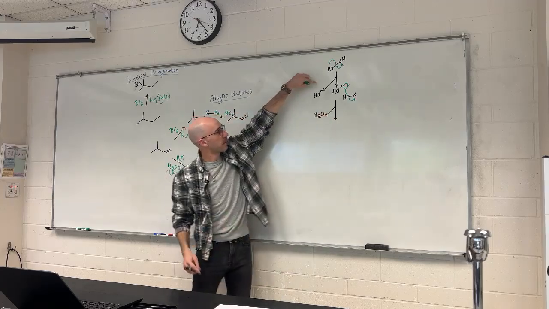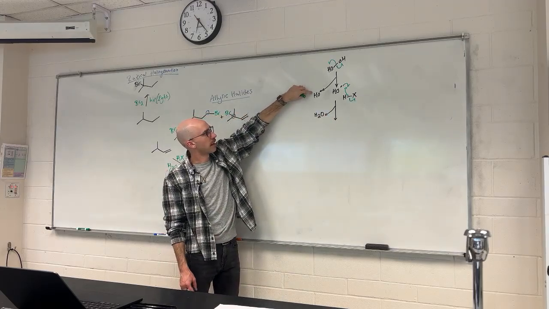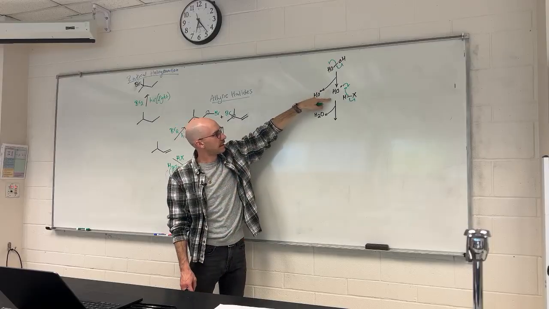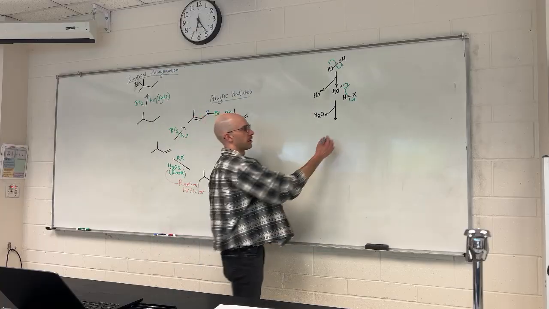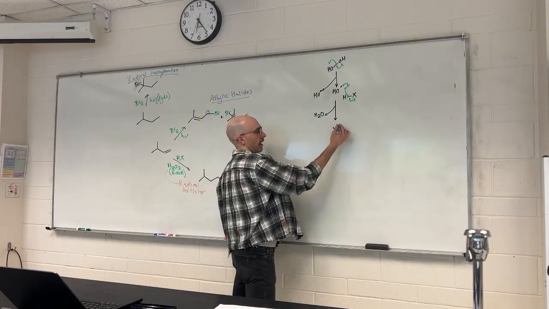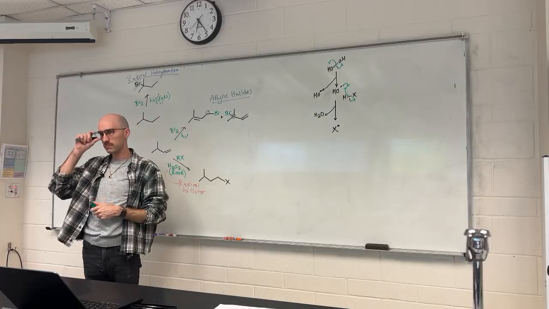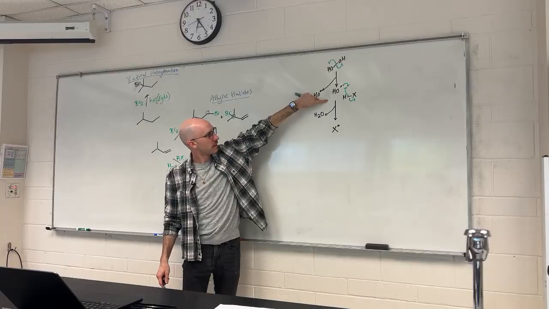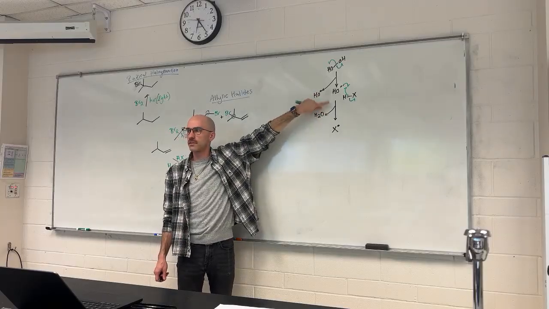So in my first step, I've got this second equivalent of peroxide radical that is going to go and replicate this whole process. In my second step, I form a byproduct of water and a halogen radical. What is this step? Initiation, propagation, or termination?